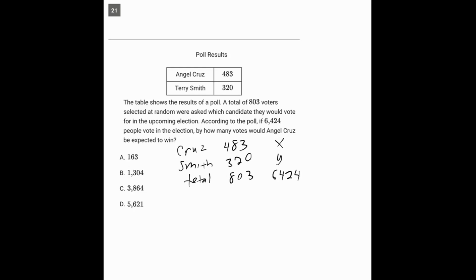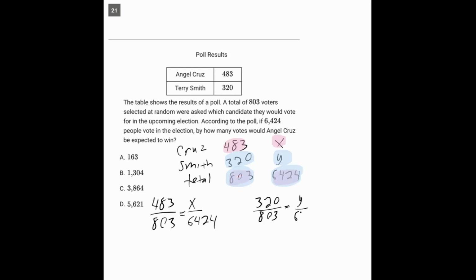But when you have a proportion chart like this, wherever you see a rectangle, you can create a proportion. So we can say 483 over 803 equals X over 6424. Similarly, we can say 320 over 803 equals Y over 6424.